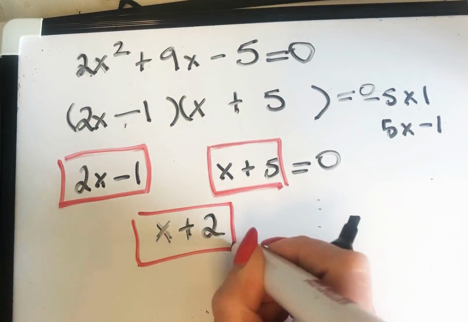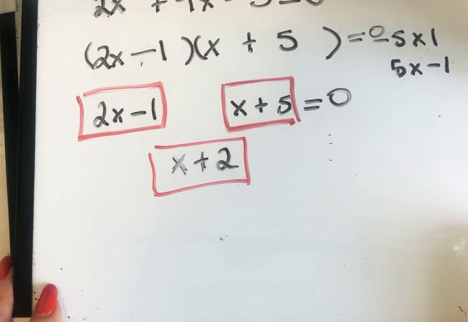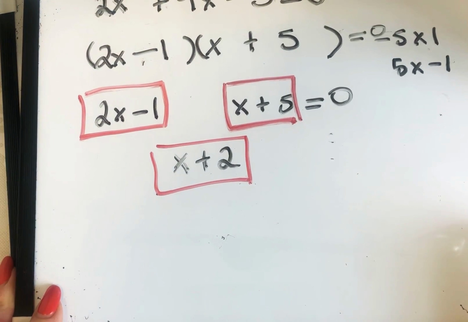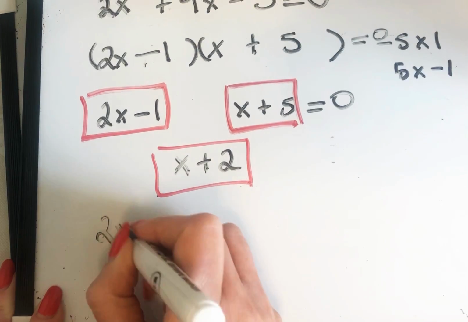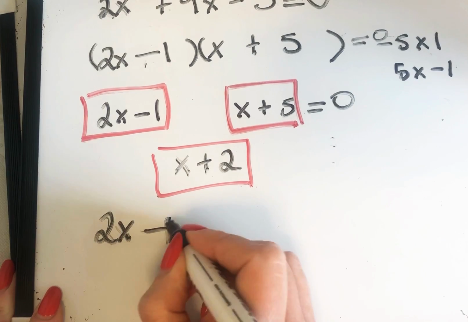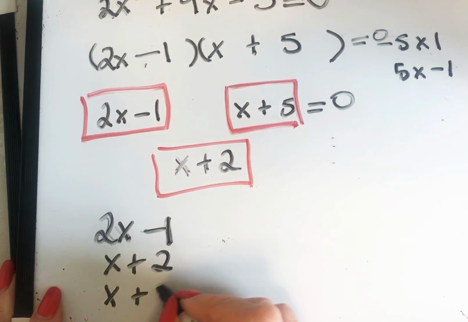We have our factors. Let's say, however, the question said find the three roots. Well, then we would not be finished, so we will extend the question and find the three roots as well. We have 2x minus 1, x plus 2, and x plus 5.